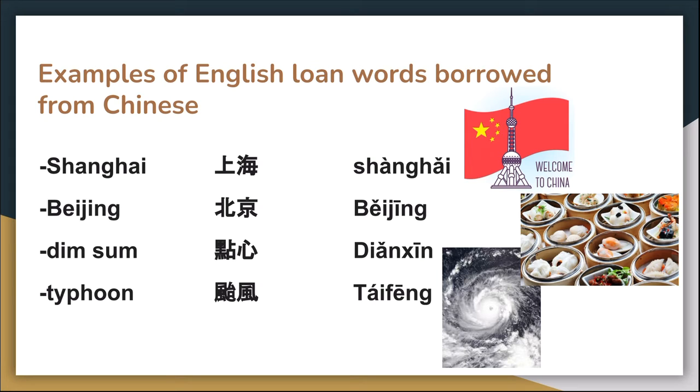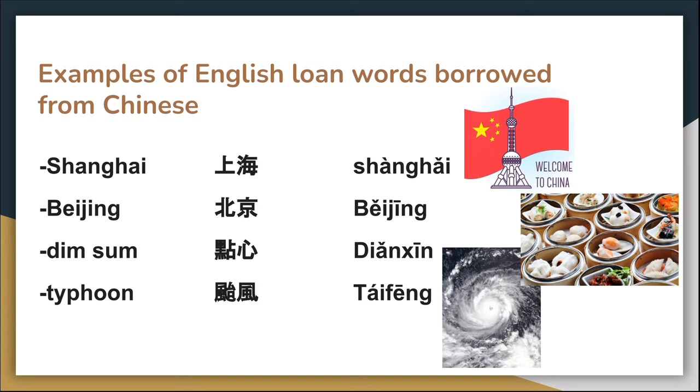And we have Beijing. This one is also a name of a region, and it is the capital of China. Dim sum, 点心, which is a traditional Chinese food. And we have typhoon.